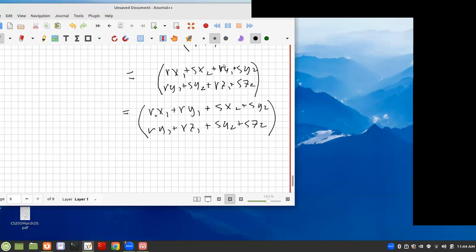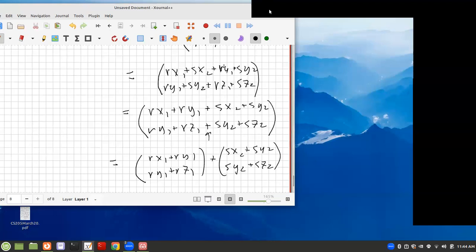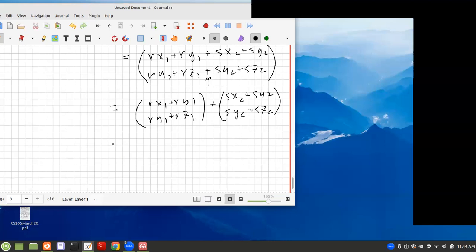But now you can see I can decompose this sum as the sum of rx1 plus ry1 plus rz1, plus sx2 plus sy2 plus sz2. It's a little tedious, something you don't want to do too many times, but you need to understand the process. Now I've decomposed this sum into the two vectors. You can check it by seeing that if I add these back, I get this top here.